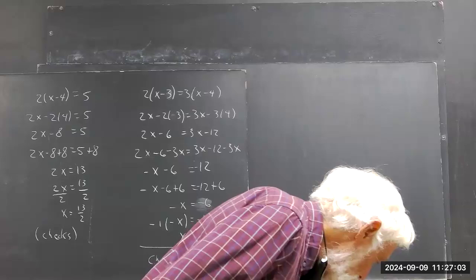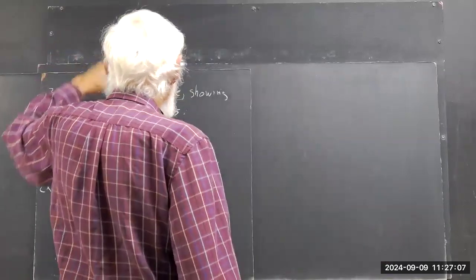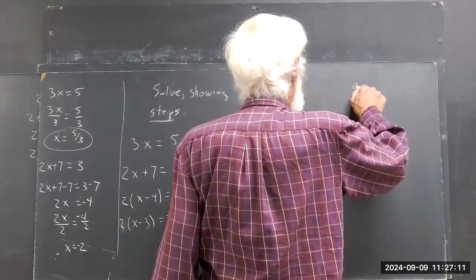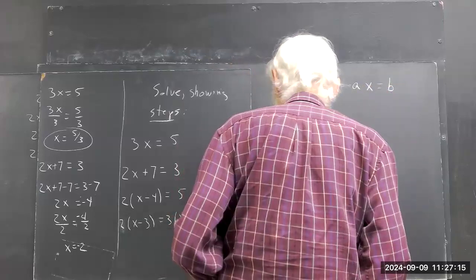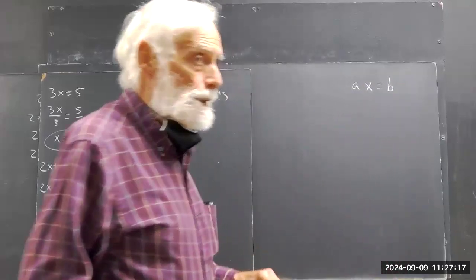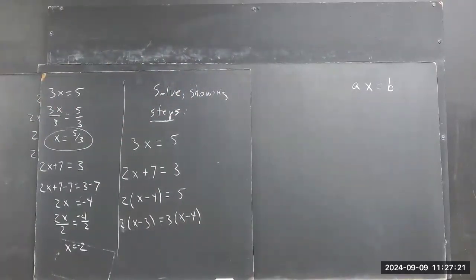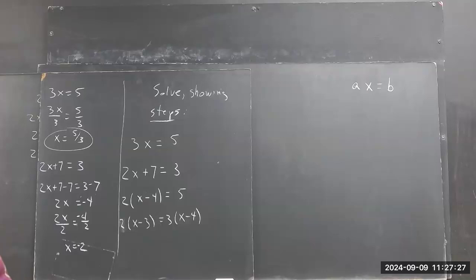You leave this up here for a minute. Okay, so let's say we have an equation like ax equals b. I'm gonna give you a couple of minutes to see if you can figure out how to solve this. What are your steps gonna be? And what are you gonna do with those letters?